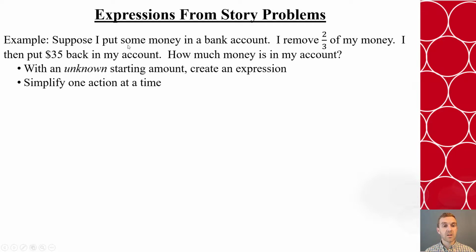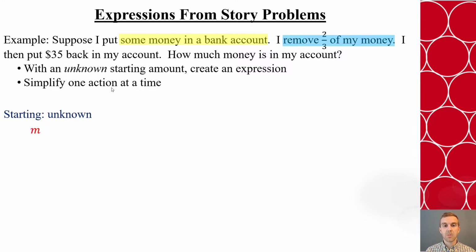This part here, some money, tells us we're starting with an unknown amount. So we can only create an expression. And to create the expression, we're going to go one action at a time in the order they appear in the problem. So the first thing that I'm told is that I have some money in a bank account. That's the unknown. So I'm going to give it a variable.